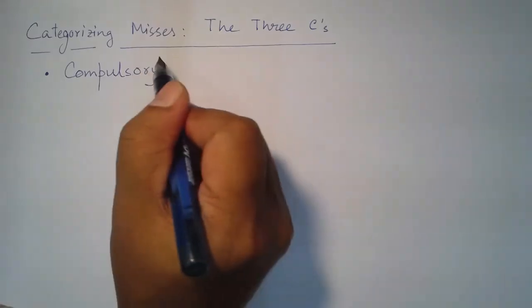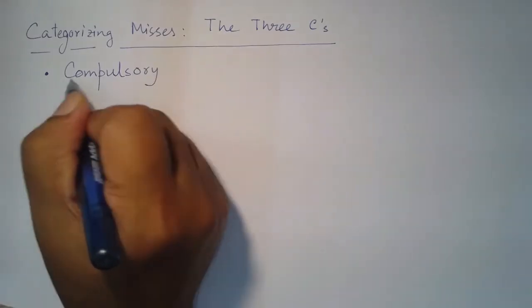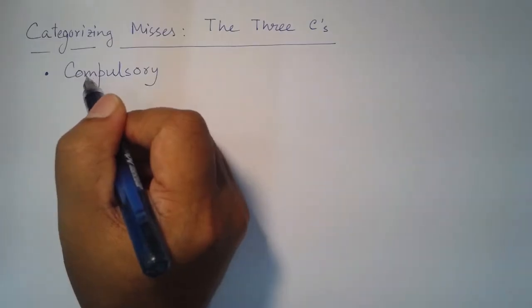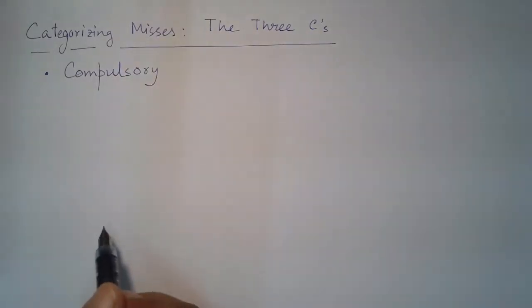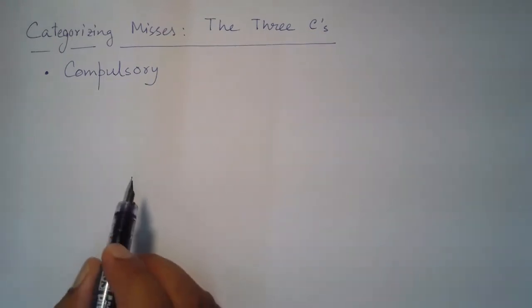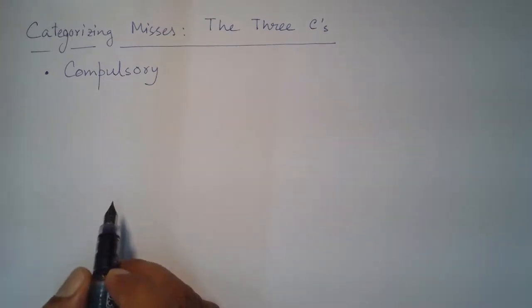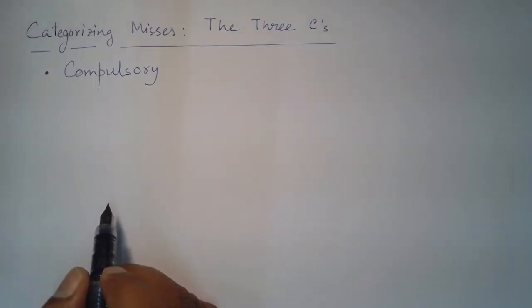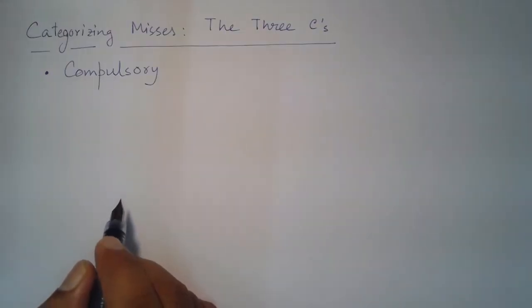As the name suggests, it's a miss which you can't avoid. This kind of miss happens when, let us say, you have never accessed a particular block, and then the request for that block comes in. Obviously there will be a cache miss, because the block was never accessed.